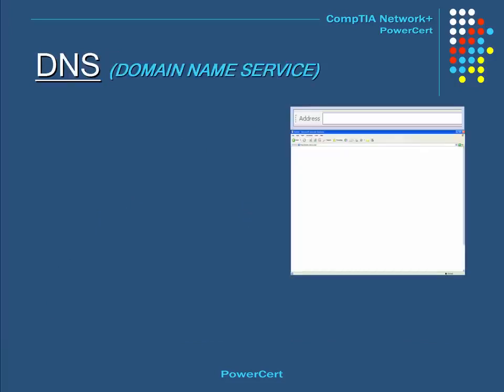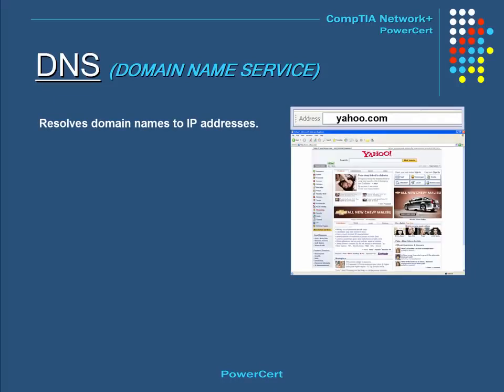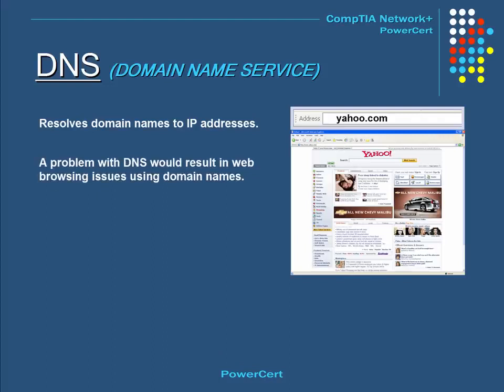Problems can also happen in DNS. And as we discussed earlier, DNS resolves domain names to IP addresses. The main impact that this service would have on a network if DNS was not working properly is basically accessing web pages using domain names.